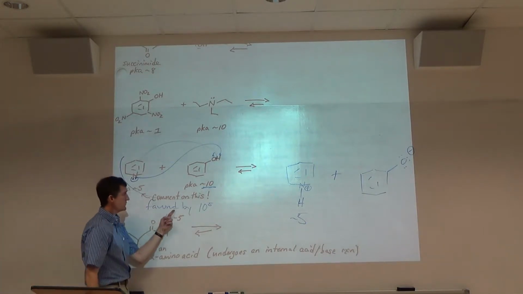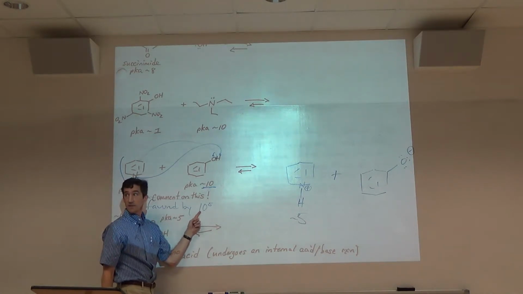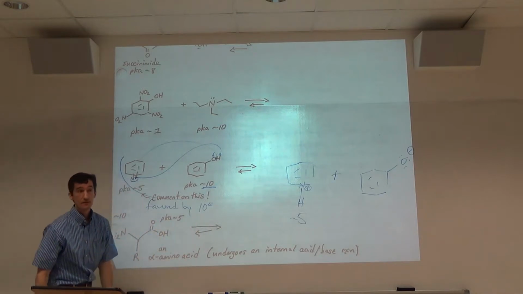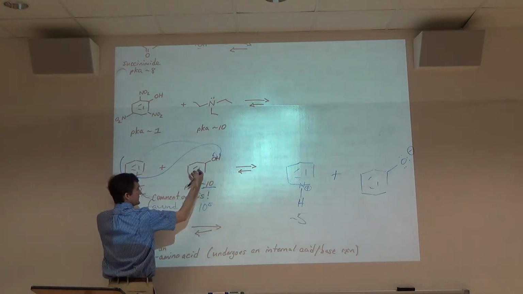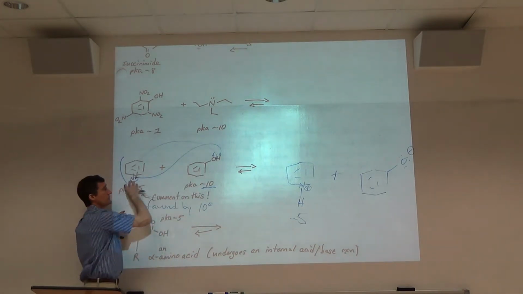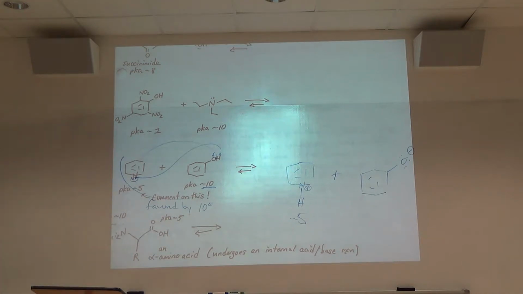It'll deprotonate 1 out of every 100,000. Does that sound strong enough? It sounds like a lousy job. No, pyridine is not strong enough to deprotonate that. The equilibrium is going to lie way over here with no proton exchange.